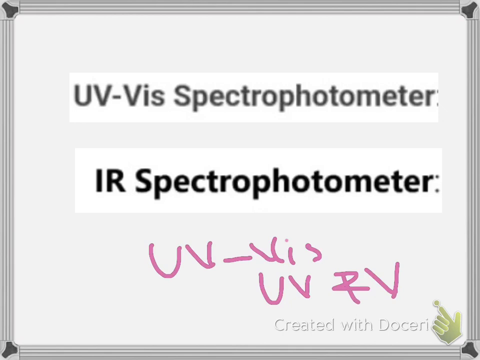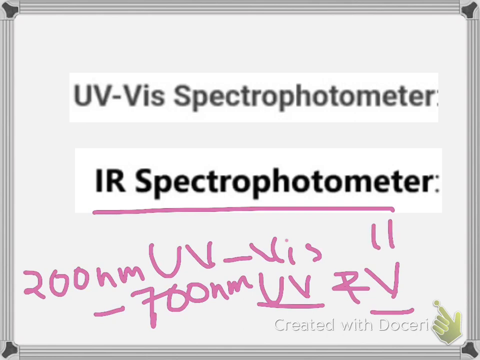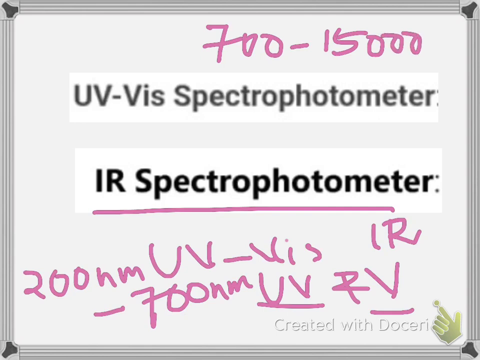Generally it is 200 nanometers to 700 nanometers. The IR spectrophotometer measures the sample using infrared light, and the range is 700 to 15,000 nanometers.